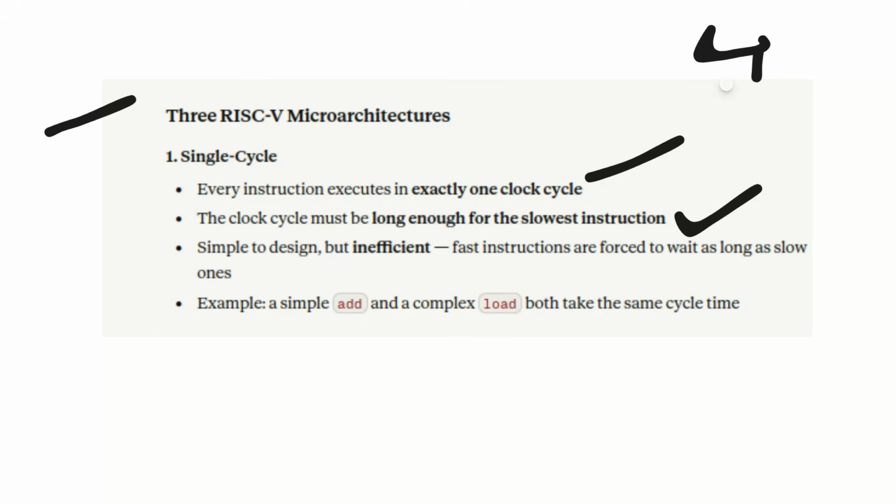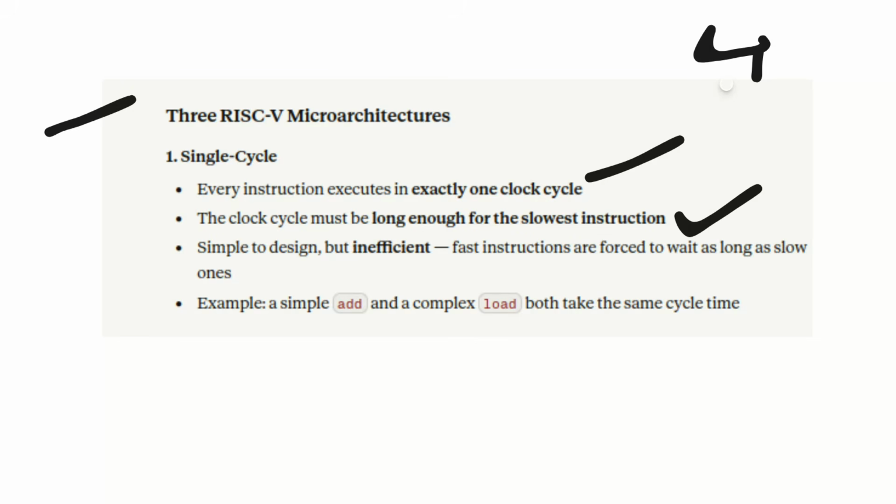So the one which takes more execution time, where the time taken for execution is more, such instructions, those which take a long time, the clock cycle should be enough for such instructions.